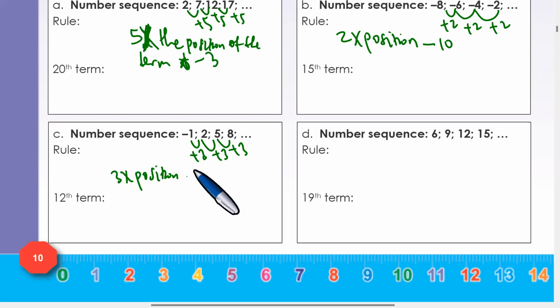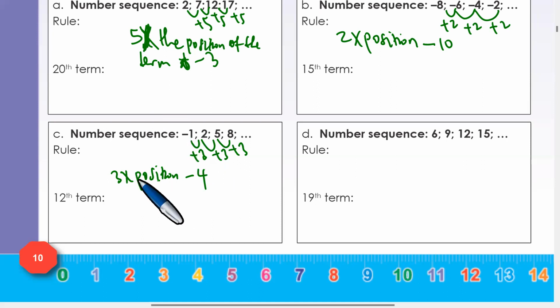Then to get this one, you want to get -1. What are you supposed to subtract here? 3 minus what to get -1? It's 3 minus 4. 3 minus 4 is -1, isn't it?